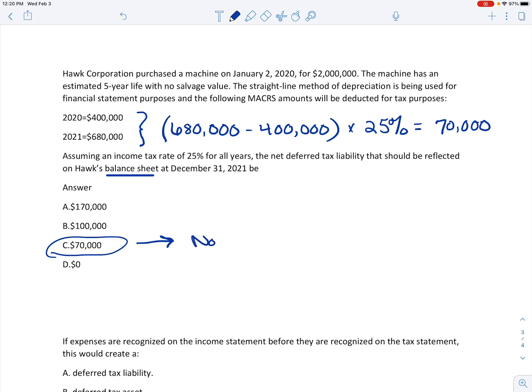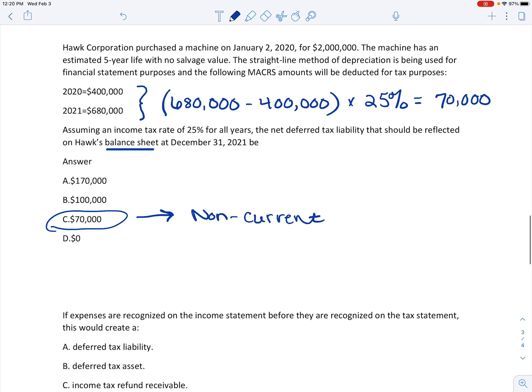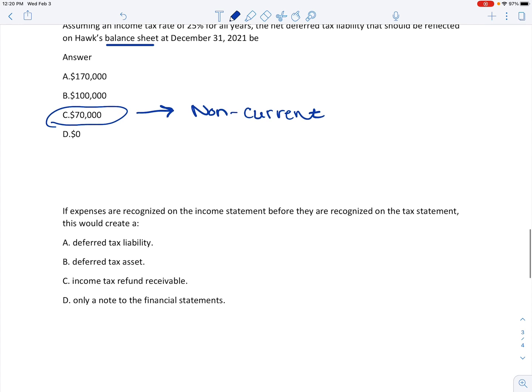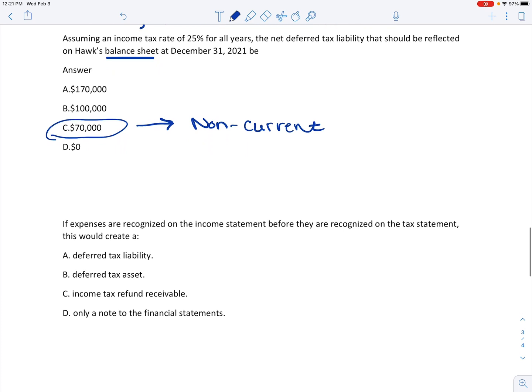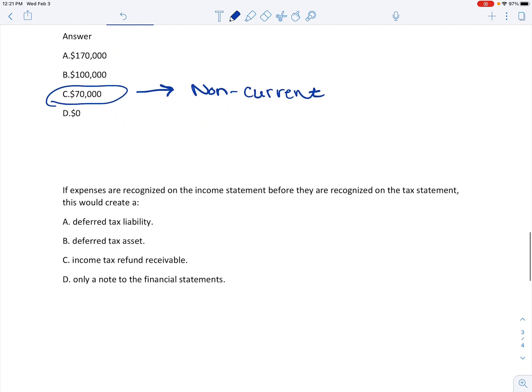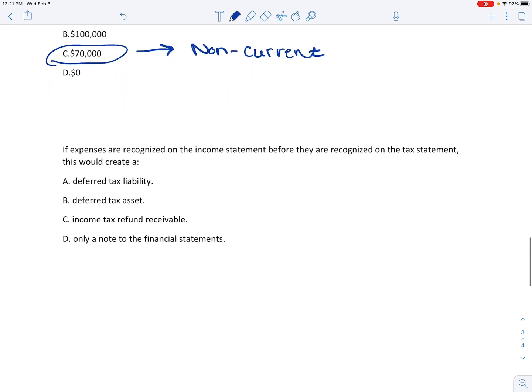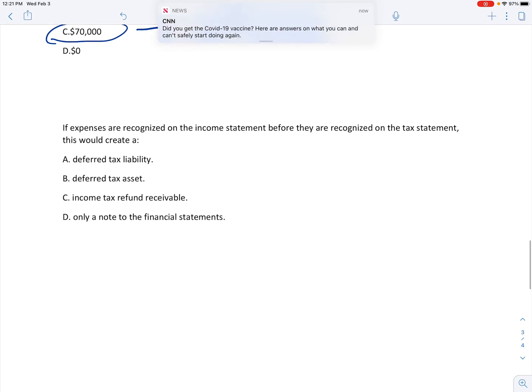And just as a reminder, this shows up in the non-current section. So some of them are as simple as that. And I wanted to go through with you one of these that are just words, no calculations.